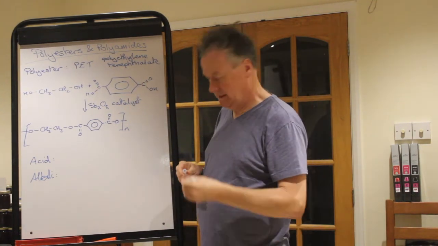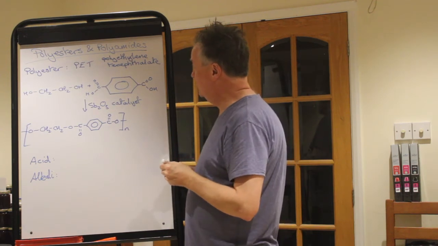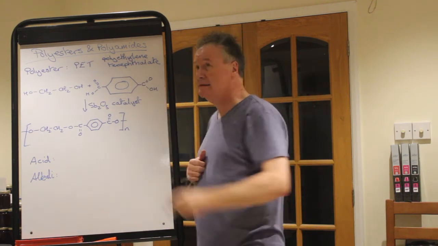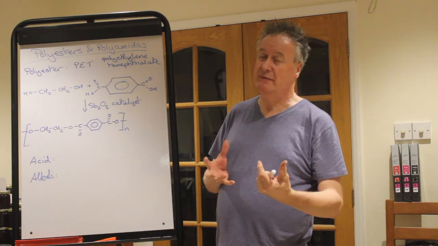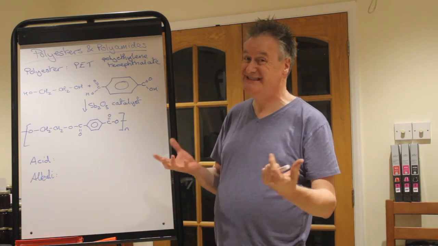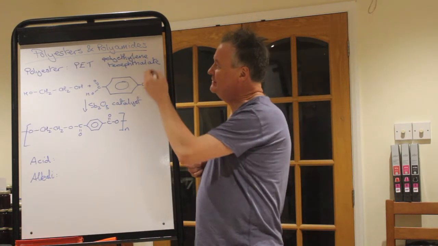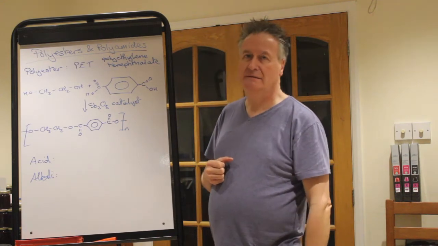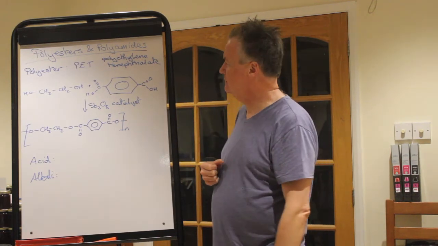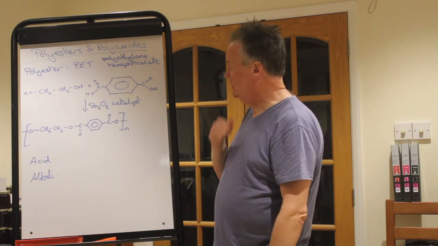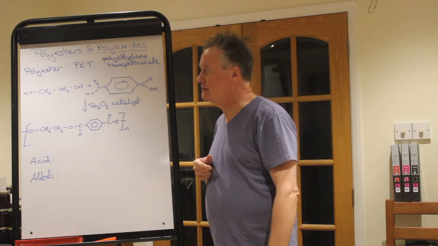Polyethylene terephthalate. PET. Ethylene is an old-fashioned name. It should really be polyethene. It never gets used. And terephthalate, old-fashioned name again.